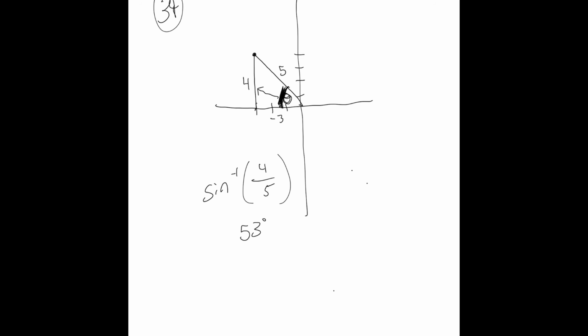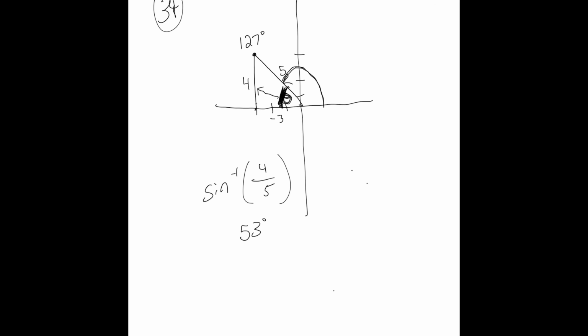I need to figure out where I'm at if I start in the positive direction and get here. So if theta is 53 degrees, to figure out what the degree is if I start here and go here, you just do 180 minus 53. And I am at 127 degrees.